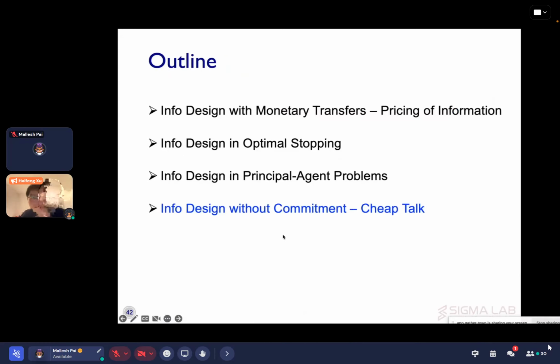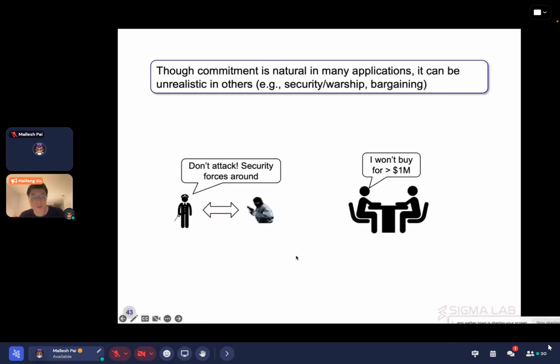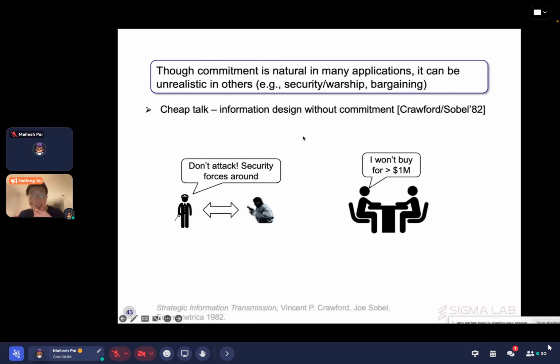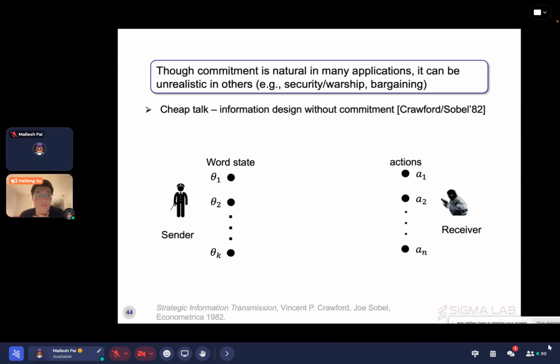Finally, I think I have 1 or 2 minutes left, and I'll very quickly talk about information design without commitment. That's the cheap talk problem. Most of the information design I mentioned so far assumes there's a kind of commitment, which turns out to be unrealistic in many situations, like security problems or bargaining situations where the interaction is very limited and there's no way you can commit.